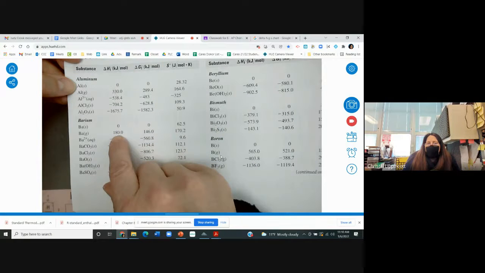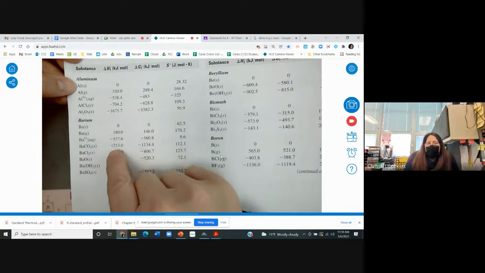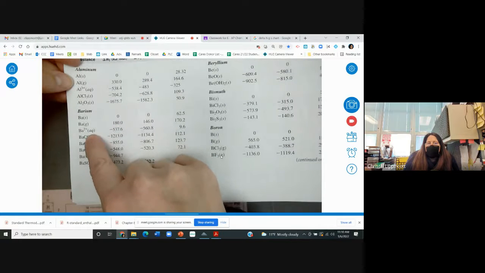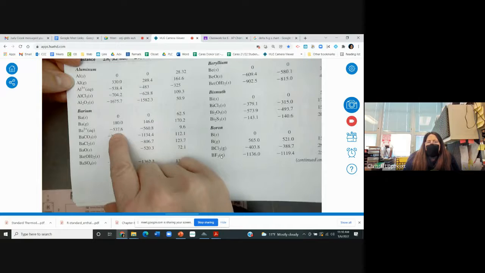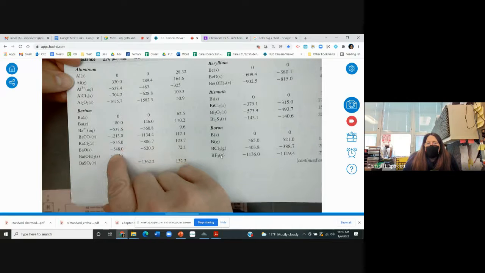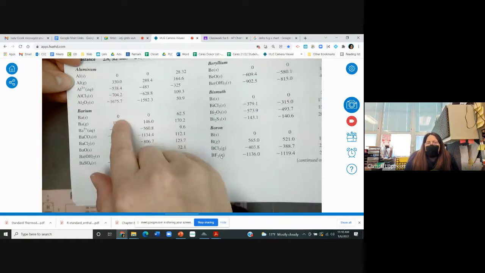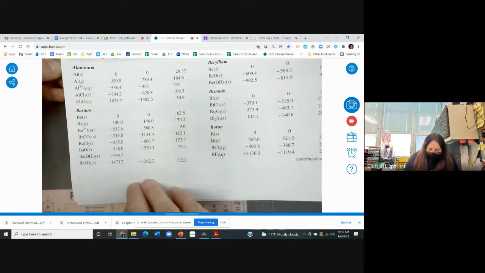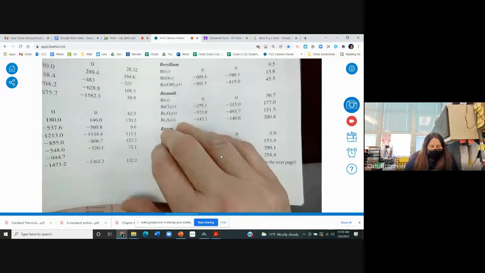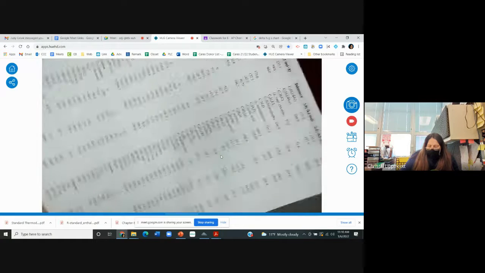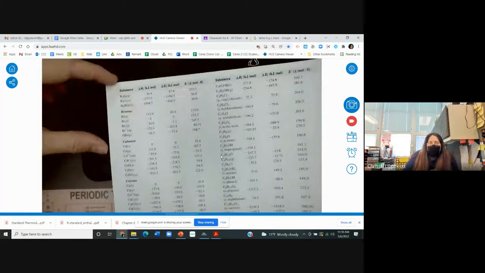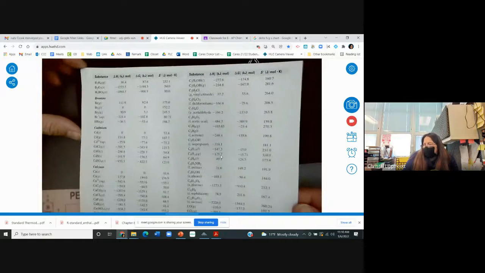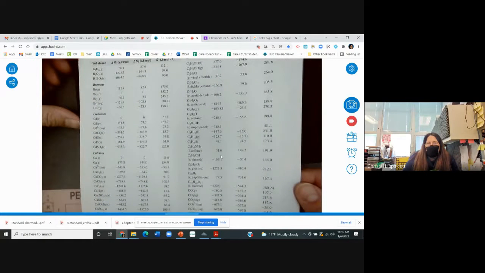When it changes into a gas, then it's different. But you can see here where we've got aqueous, the values change. Do you see how to read the chart? I have aluminum, barium, all the way through bromine here. And then on this chart, it takes over from there. I just couldn't get everything on one page.